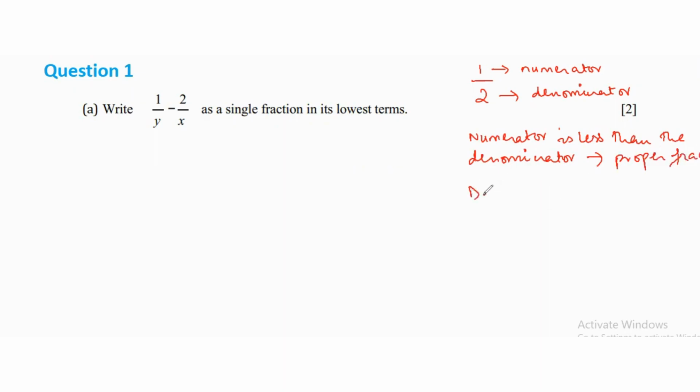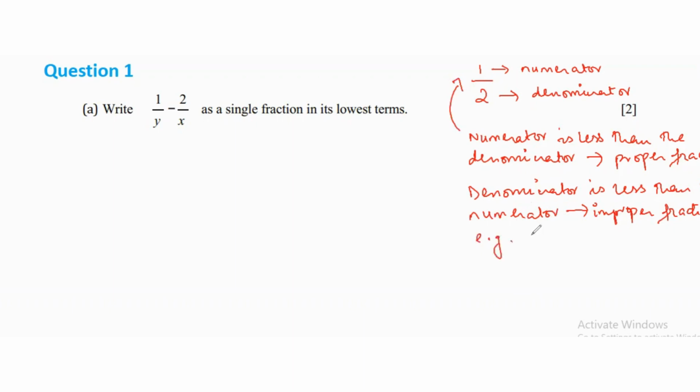If the denominator is less than the numerator, that is an improper fraction. So for example, this is your proper fraction. An improper fraction would be 7 over 5. So your denominator is smaller than the numerator.